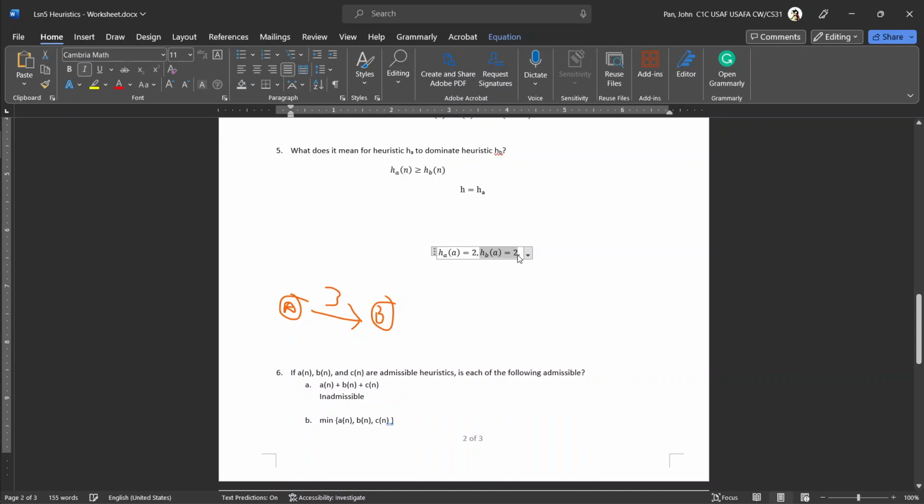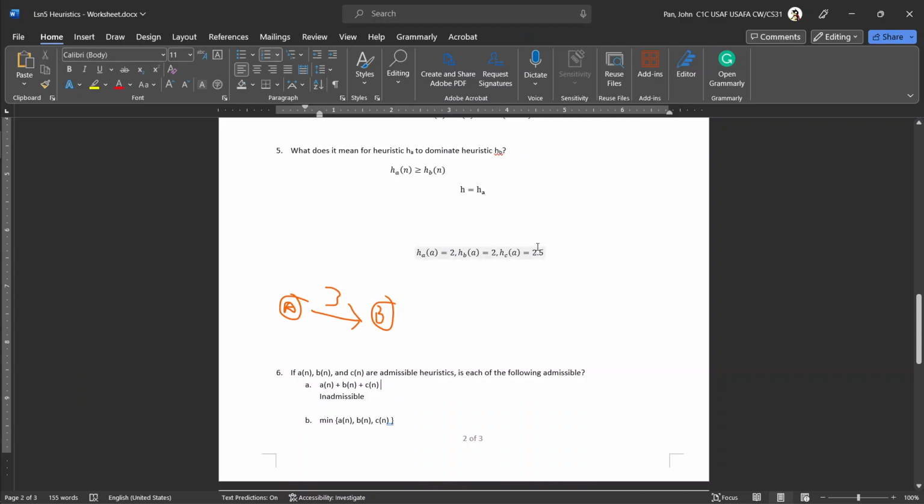And then we'll have one more just for kicks. H sub C of A is 2.5. So heuristic A plus heuristic B plus heuristic C, if you add them all together, it becomes 2 plus 2 plus 2.5, so 6.5.